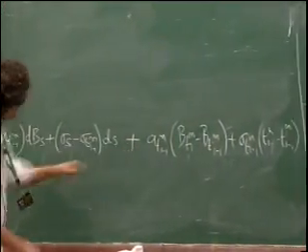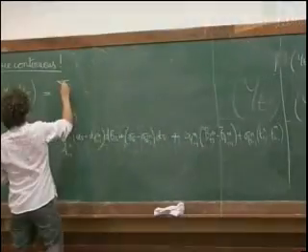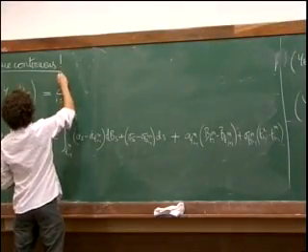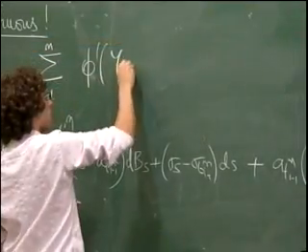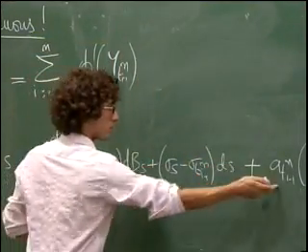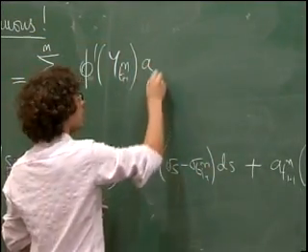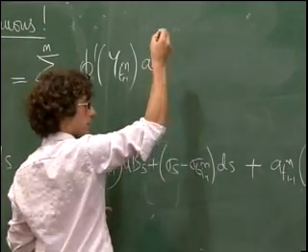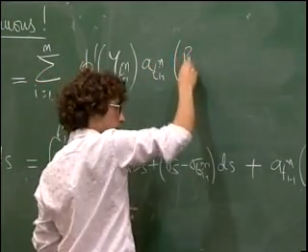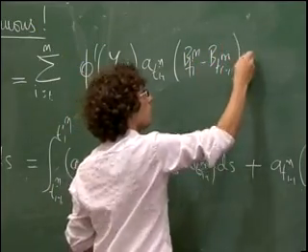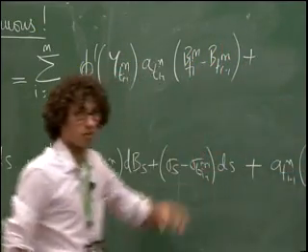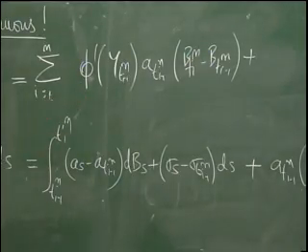So this thing is the sum of terms of this kind and terms of this kind. Terms of this kind, if I rewrite them, are exactly equal to this: phi prime of Y_{t_{i-1}^n} times, say for this one, a_{t_{i-1}^n} times (B_{t_i^n} minus B_{t_{i-1}^n}), plus another term. This thing, what do you recognize?